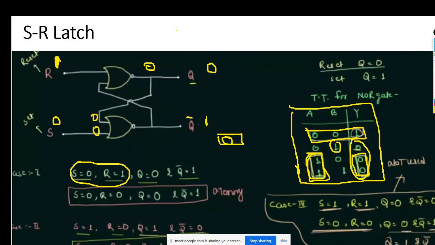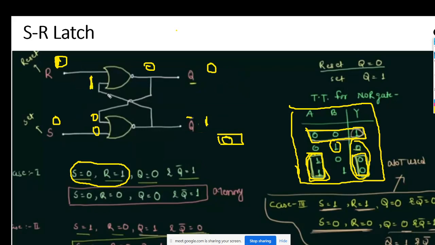Now what we do, we make both S0 and R0. Now currently my Q is 0, Q bar is 1, because after resetting we are going to make both 0. Now since this Q bar is 1, this 1 is fed here.